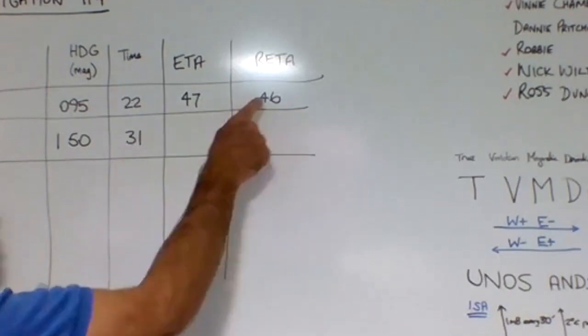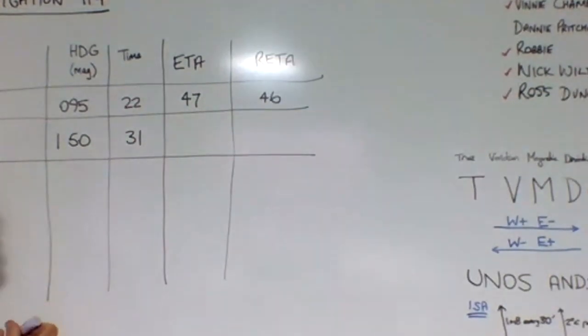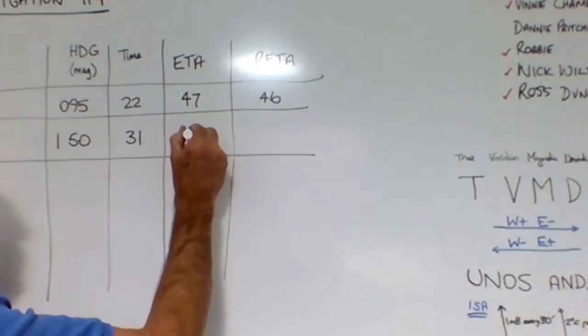You add 31 onto 4:06. I've picked a right cracker one there. So we get what's that? 7, 7. So that's 1. So I write 16 here.